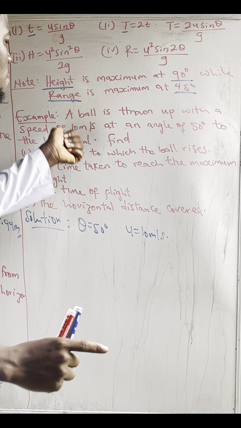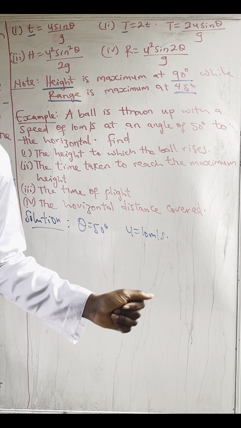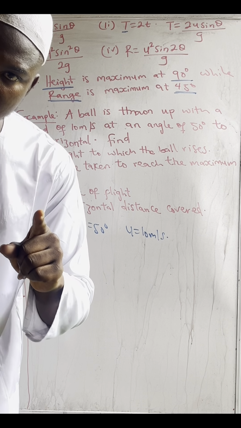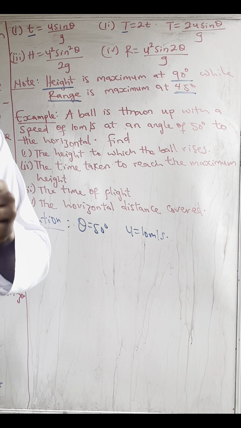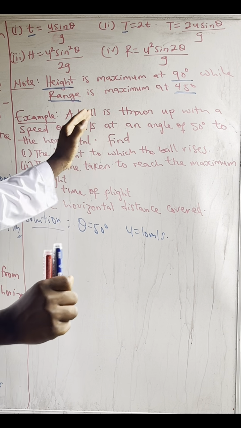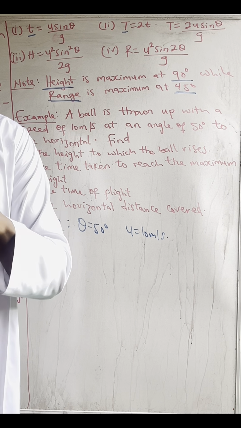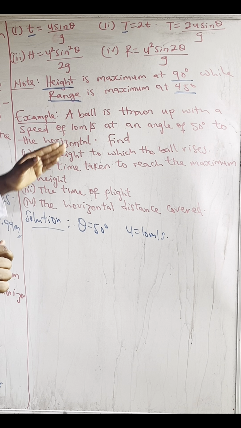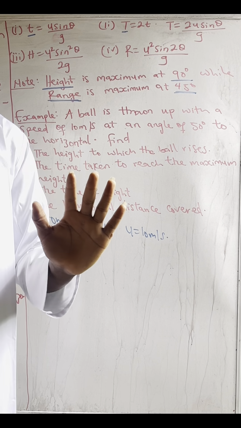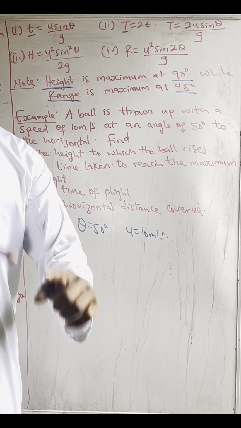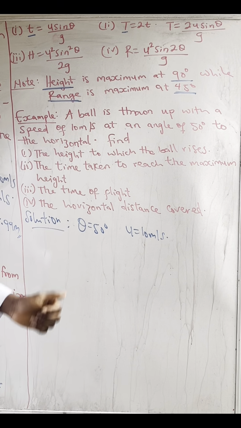If you are doing projectile motion and the angle is to the vertical, before you write down the angle, you must convert that angle back to the horizontal. Whenever a particular angle is to the vertical, just subtract the angle from 90, then you are going to get your angle to the horizontal. But because in this question the angle is already to the horizontal, I don't need to convert it again, because my angle must always be to the horizontal. I will only need to convert if the angle is to the vertical.